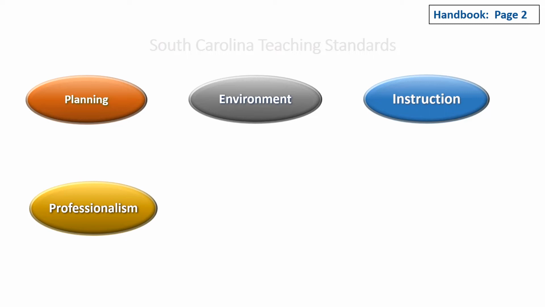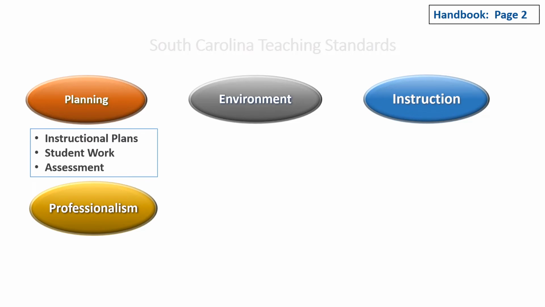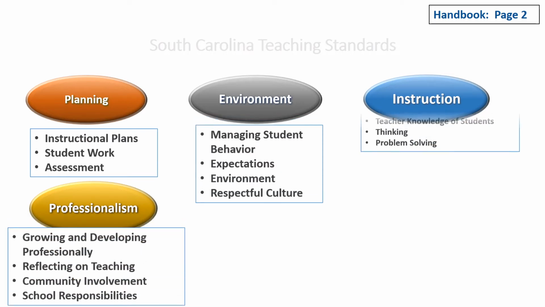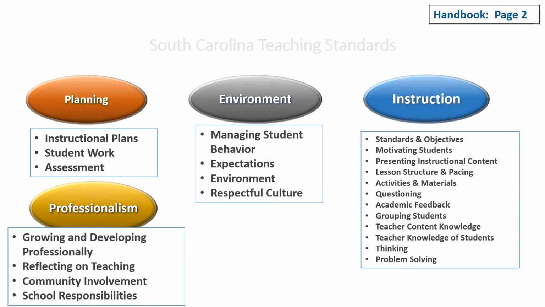The deep dive into the components of the rubric begins on slides 54 through 59. Notice at the top of this slide, there is a reminder for participants to turn to page 2 in the handbook.